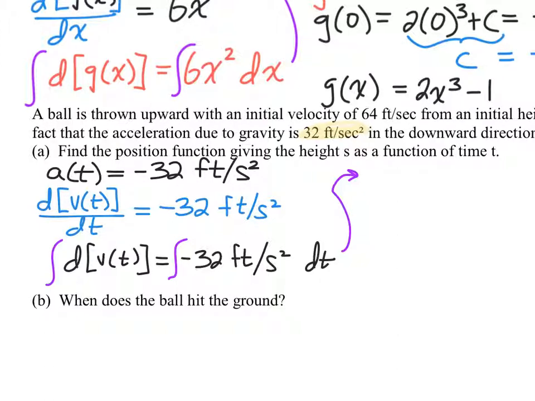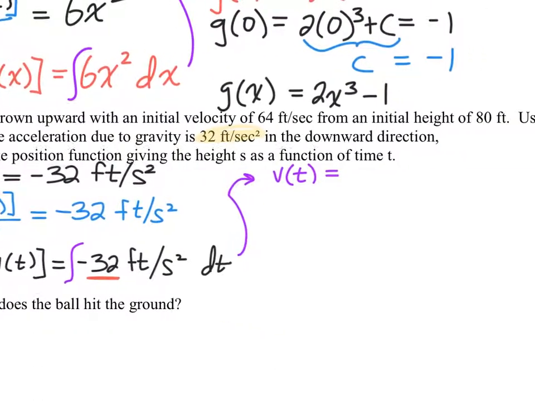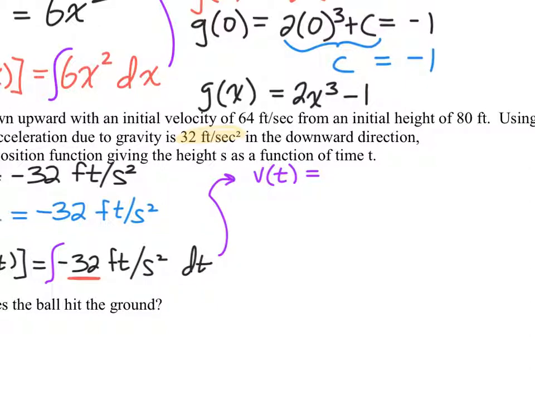On the left-hand side, just having a v of t. Again, inverse operations cancel each other out. Here on the right-hand side, we're integrating. We're finding the antiderivative of the negative 32, which is going to become negative 32t plus c. But let's just focus on the units there for a second.